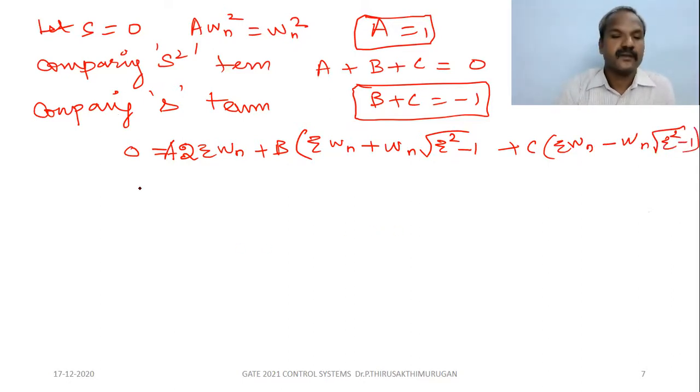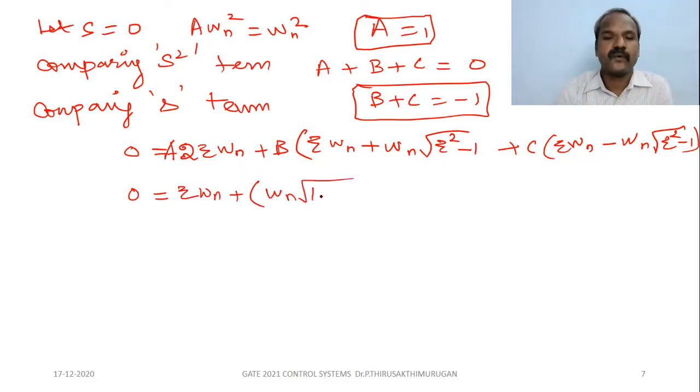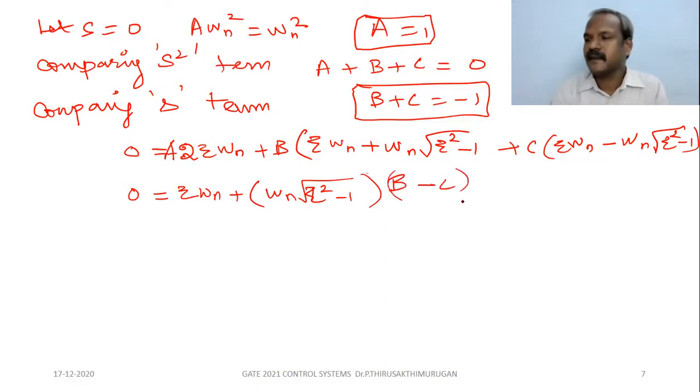Okay. So 0 equal to zeta omega n plus omega n square root of zeta square minus 1 of B minus C.